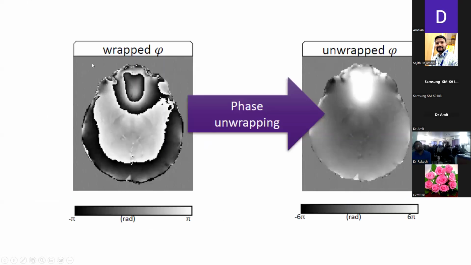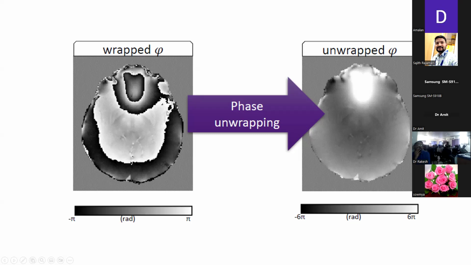There is a method called phase unwrapping. What it does is that it will increase the range. As we can see here, it is represented as minus 6 pi to 6 pi instead of the minus pi to plus pi range.